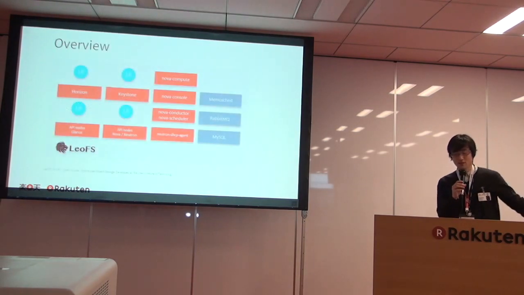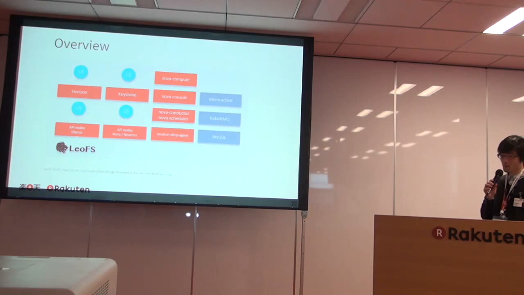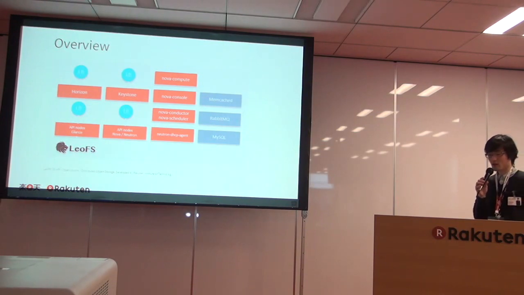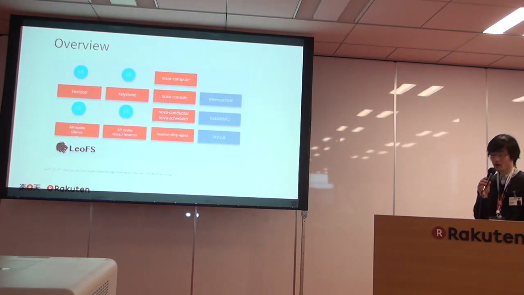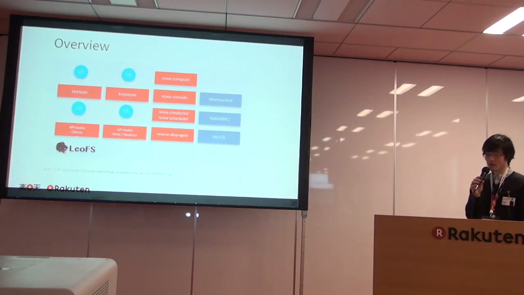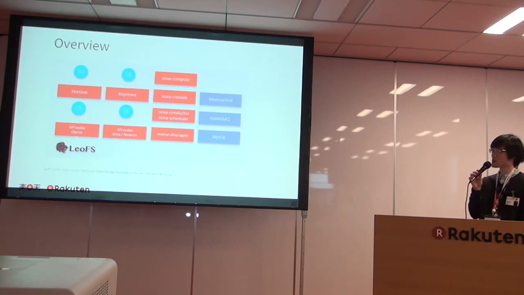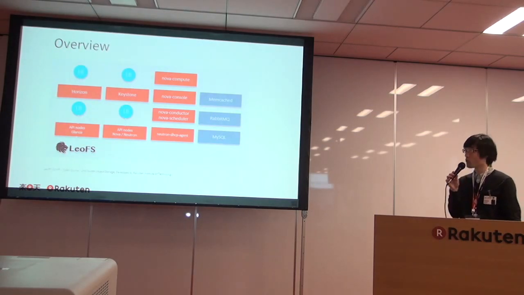As Nakai-san explained, OpenStack consists of many components. In Rakuten, at least 10 servers are running to start OpenStack. To achieve higher availability, API servers are running under load balancers. In each server, there are 1 or 2 processes.